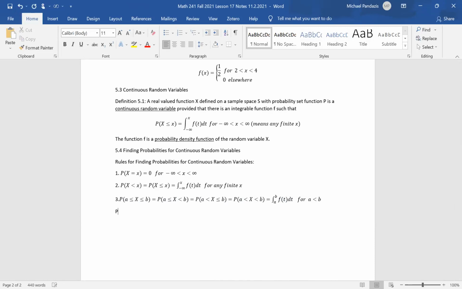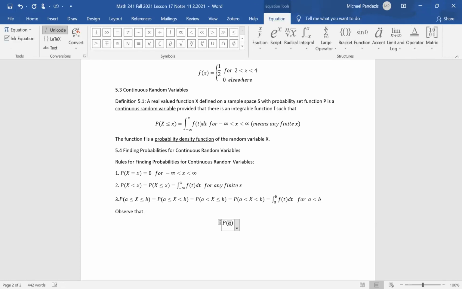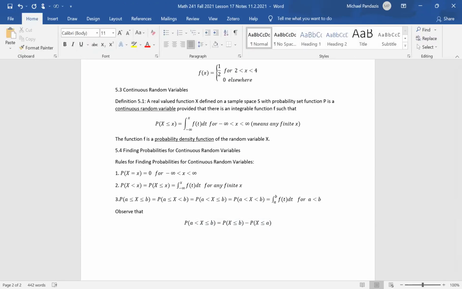Okay, so observe that the probability of a strictly less than X less than or equal to b is equal to the probability that X is less than or equal to b minus the probability that X is less than or equal to a.